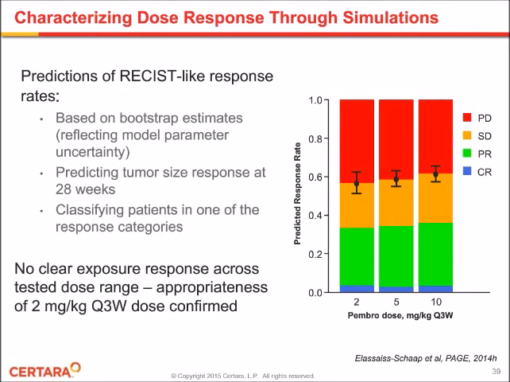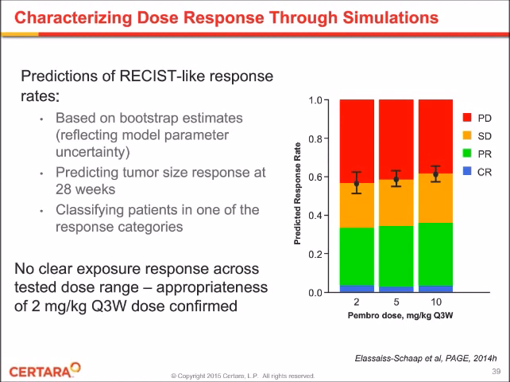And when we then utilize this model to predict tumor size effects and to look at the exposure response, so essentially translating that to dose response, we did not see across the dose range tested from 2 to 10 milligrams a huge effect of exposure on the outcome.